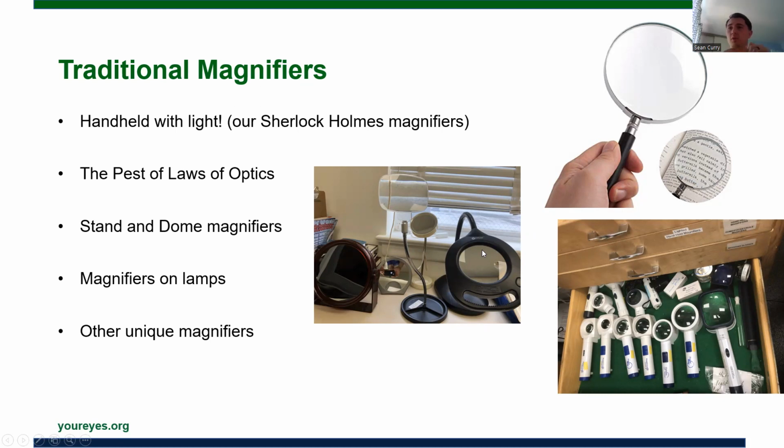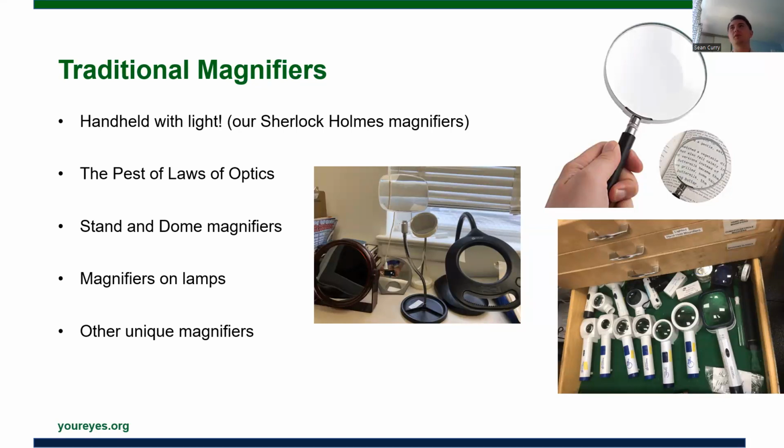So let's say you're a whittler or a knitter or a sewer, because you can angle the lamp so that whatever you're working on is directly below the magnifier, but then you can put it close enough so you can see it through your own eyes. It may also be useful when it comes to reading. However, that does mean you have to fix yourself into a specific location, so it could be a little bit more difficult.